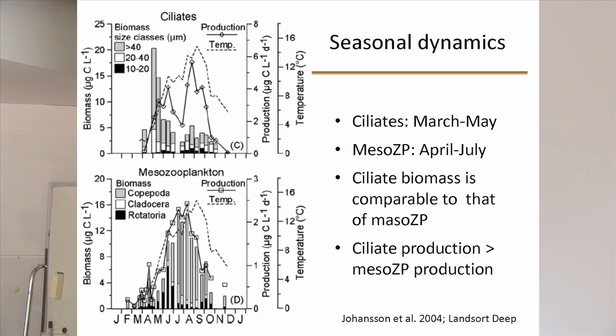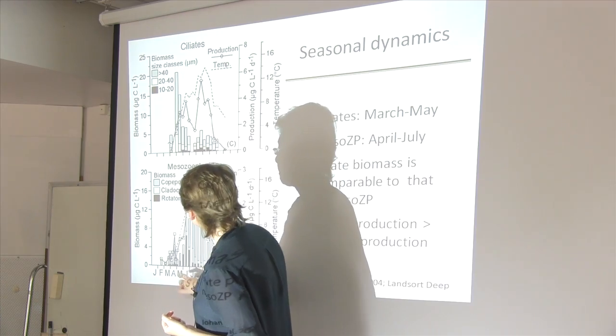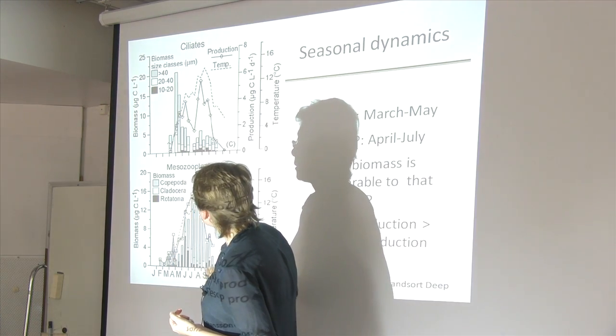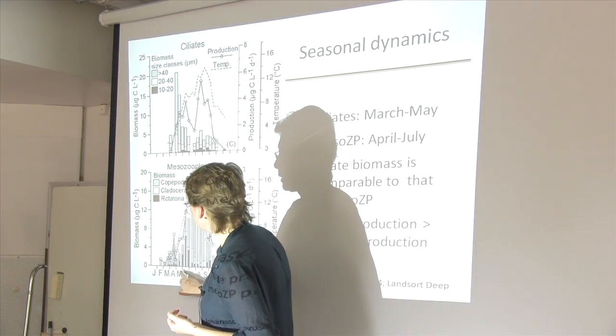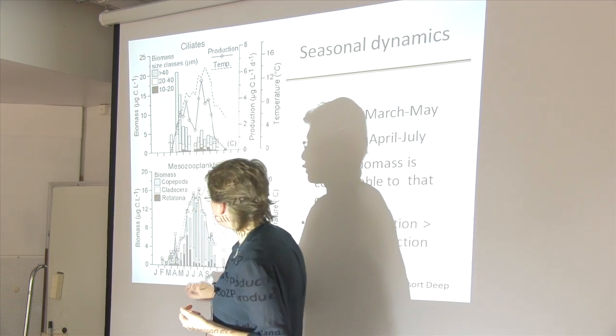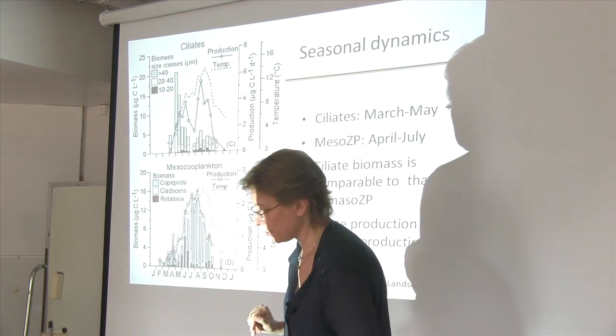Those data are for Landsort Deep, so it's open sea Baltic proper. Most of the zooplankton production during springtime, May, June, or beginning of summer, is coming from rotifers. For the rest of the summer, copepods contribute most.